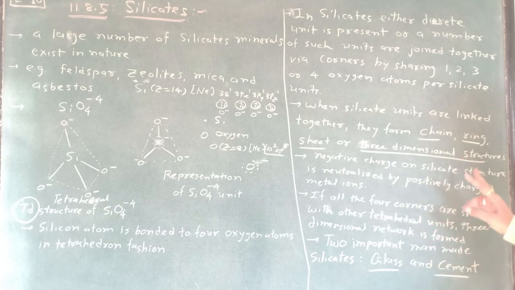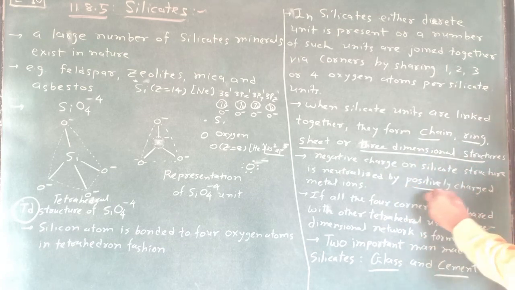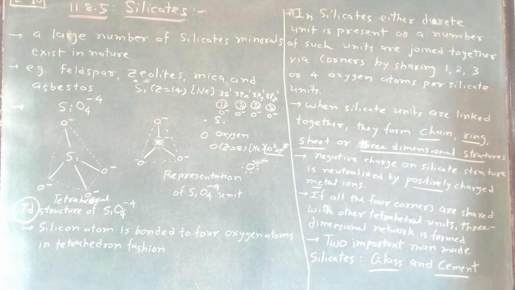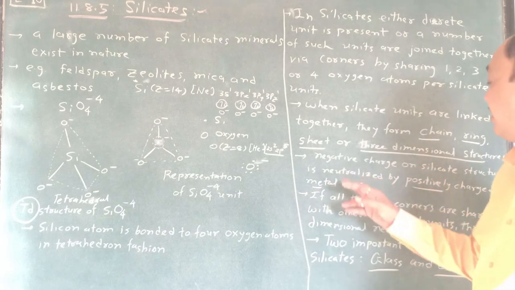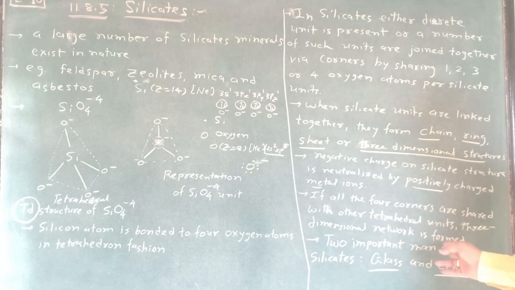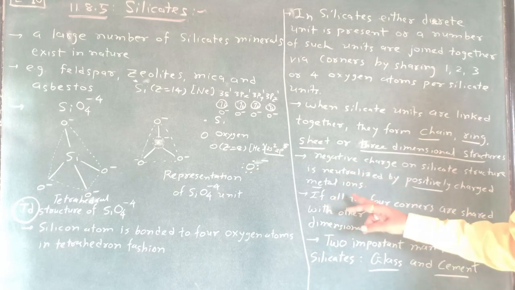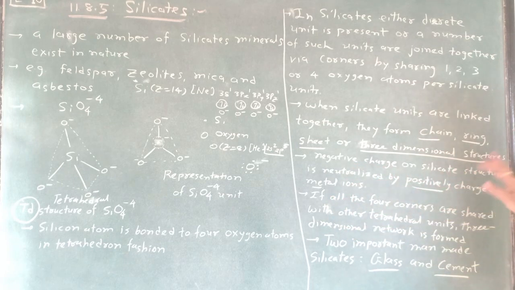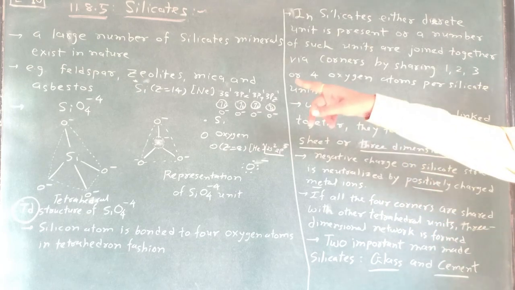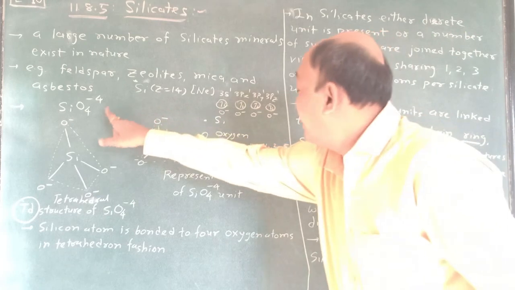The negative charge on the silicate structure is neutralized by positively charged metal ions, just like Na plus, K plus. You have to use those positive ions. What is the formula of silicate? SiO4 raised to minus 4. This is the formula of silicates.